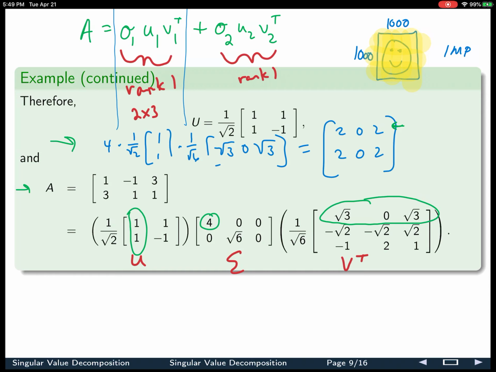One is from a professor at MIT who'll just give you another perspective on all the different matrices, U, sigma, and V. Does a good explanation of that.